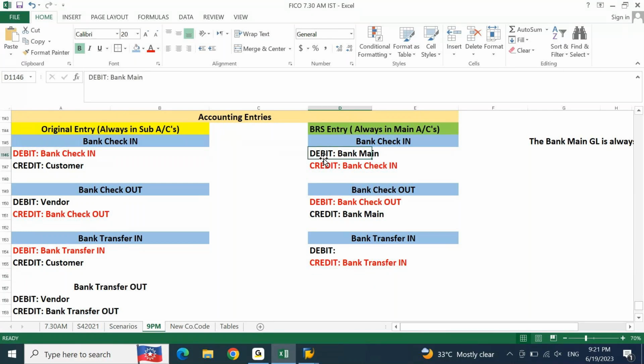You need to give your explanation. For that, you have to talk about all these points. Your accounting principle, whatever you add, will add more weightage to your explanation. Now, here bank transfer incoming will be credit, debit will be as usual bank main, correct?